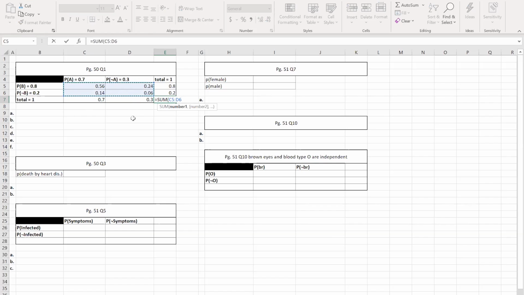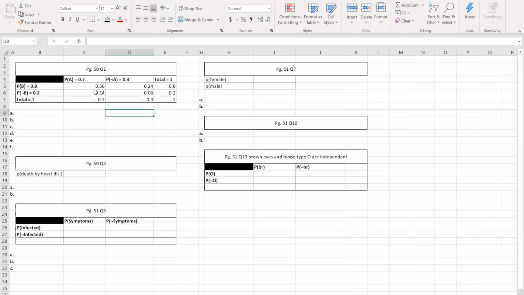That's the total sample space. The sum of those should always equal 1, which we see here. If you sum these 4 in the middle, excluding these 2, and it doesn't equal 1, something is wrong and you're going to have to go back and check.